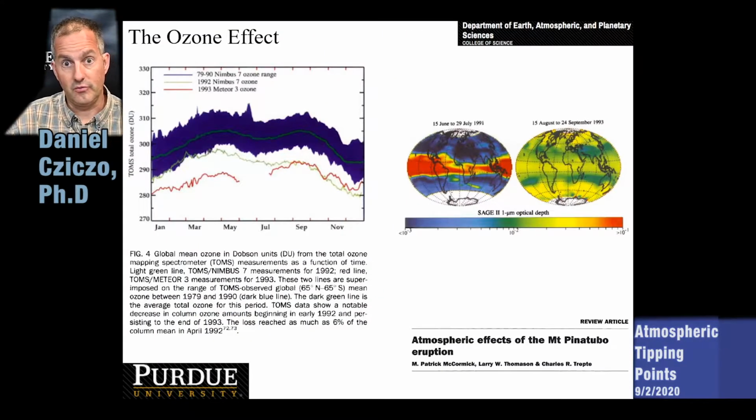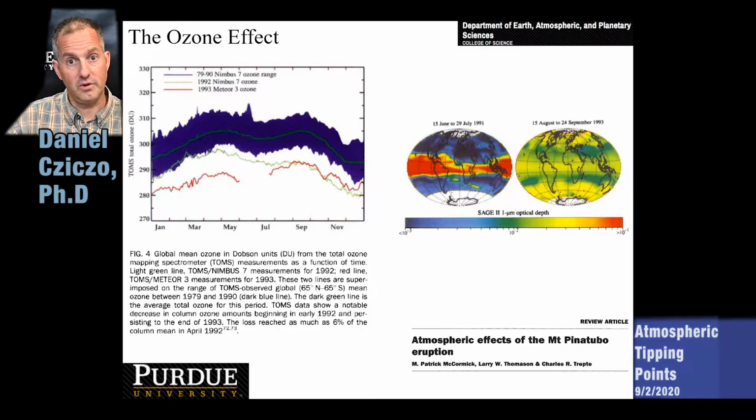Another thing that we know from volcanic eruptions, where particles are put into the stratosphere, is that those particles act as sites for reactions that lead to ozone destruction. And the ozone layer is an incredibly important part of our atmosphere. It filters out dangerous ultraviolet radiation, the type of radiation from the sun that can actually do things like cause skin cancer.